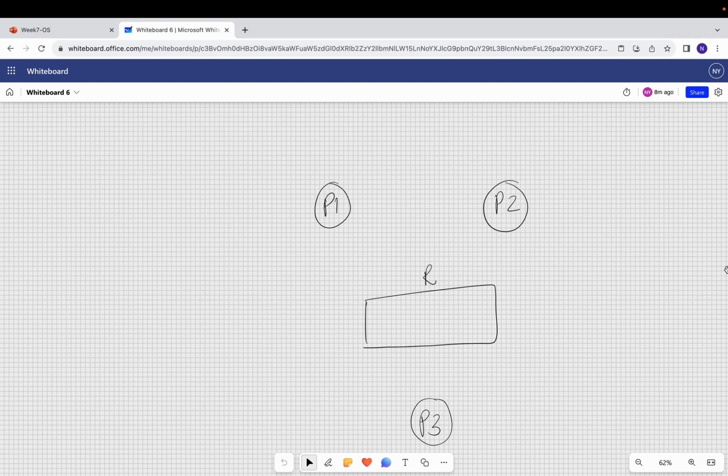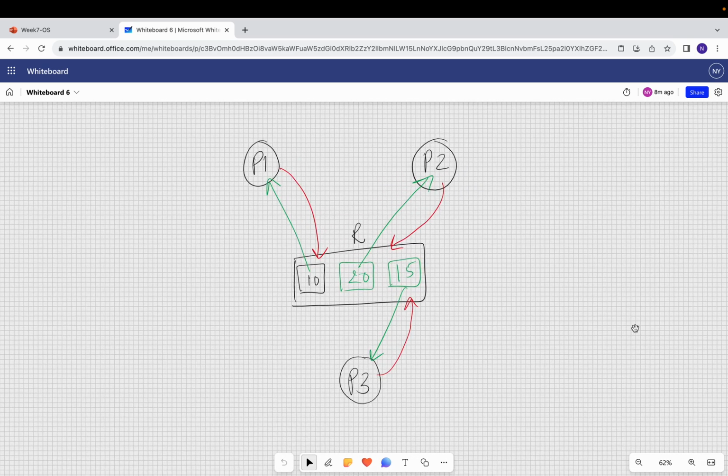So if we give 10 units of resource R to P1, 20 units of resource R to P2, and 15 units of resource R to P3, and we know that 11 units are needed by P1, 21 units are needed by P2, and 16 units are needed by P3, they will still be requesting 1 unit each.